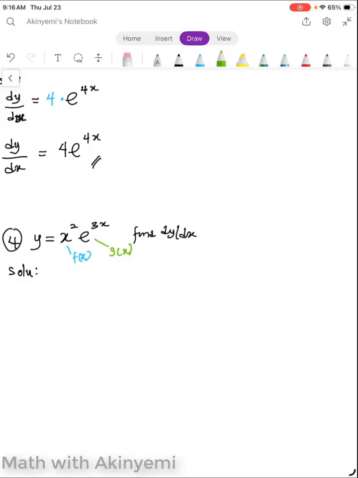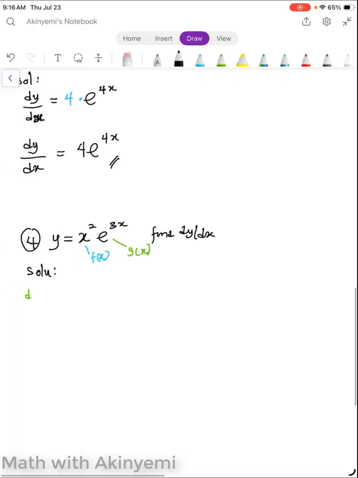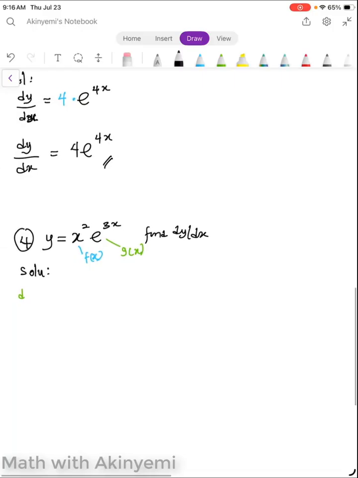So what we'll do now is, you can then say dy over dx, which is equal to f of x derivative multiplied by g of x, plus f of x times the differentiation of g of x.